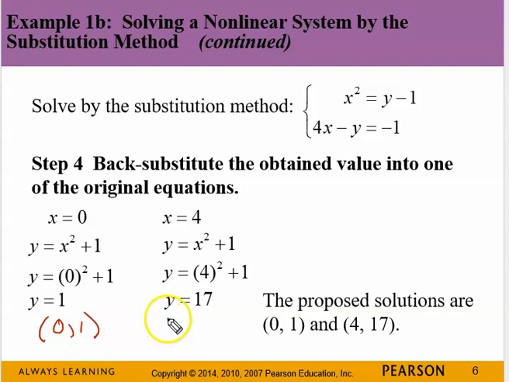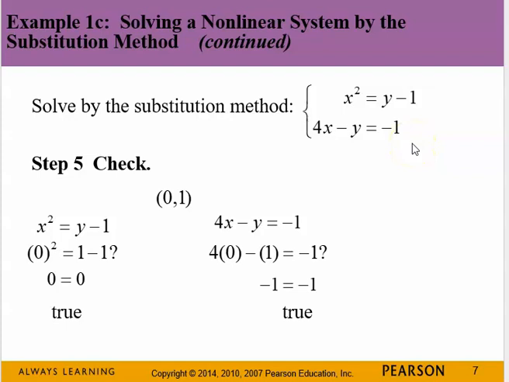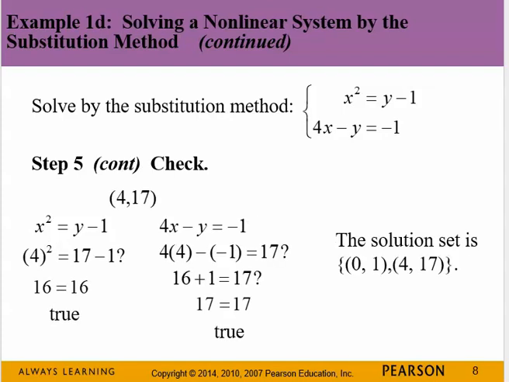So that would be the ordered pair 4, 17. All right. Now we check it, and in finding that 0, 1 is a solution for both equations, and 4, 17 is also a solution for both equations.